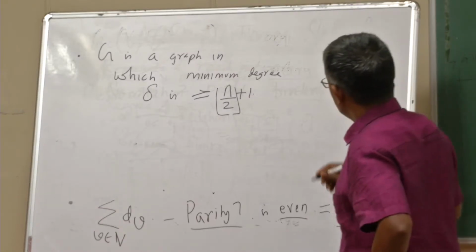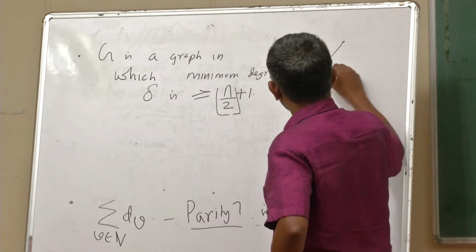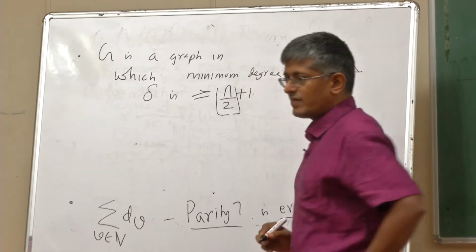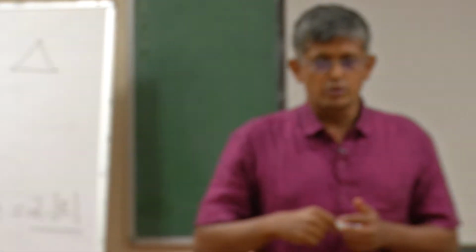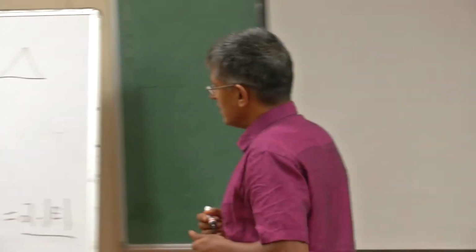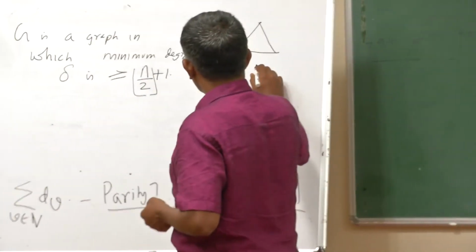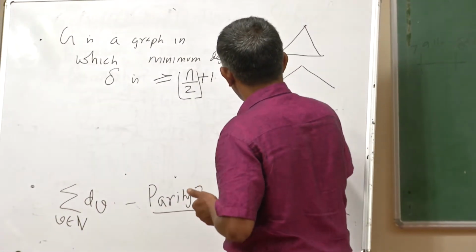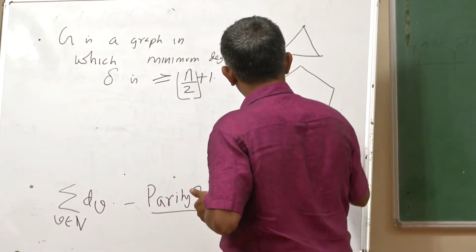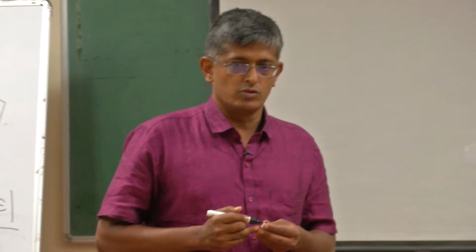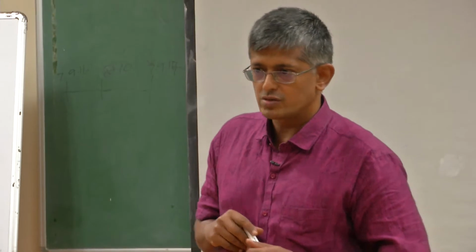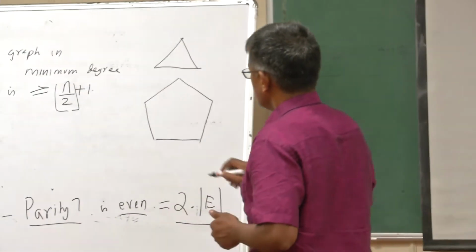So for example, here is a graph where the degree of every vertex is 2, and its degree is at least n by 2 plus 1. You can take any graph and do this. As you can see here, in this case the degree of every vertex is just floor of n by 2. 5 divided by 2, floor is 2, plus 1 is this.